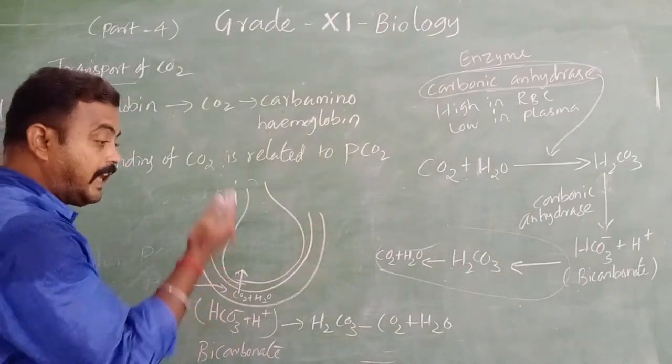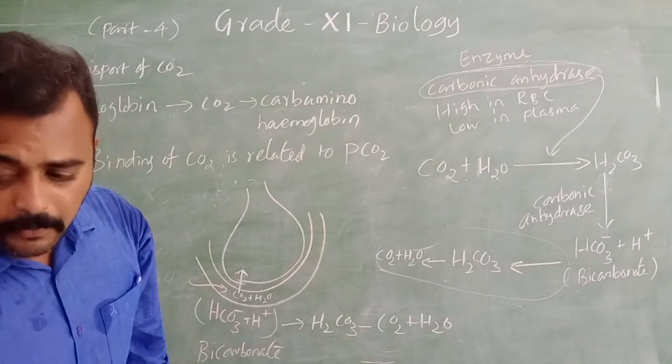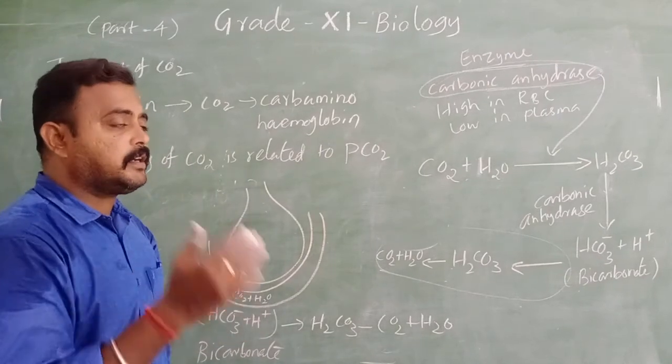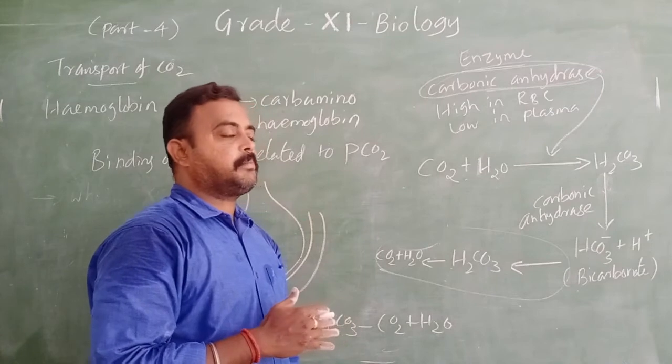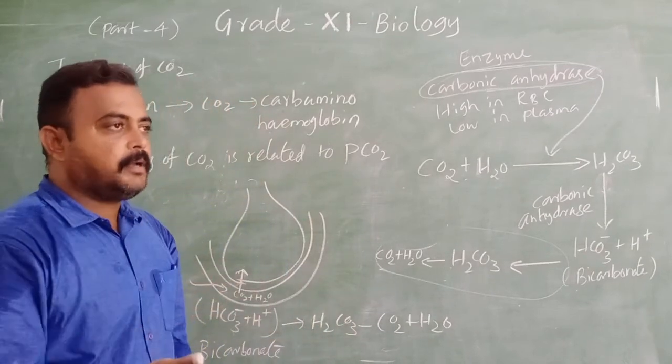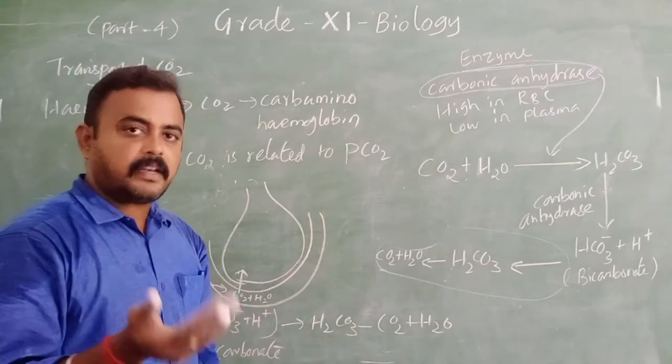Okay. In transport of oxygen, I told you that in 100 ml of oxygenated blood, 5 ml of oxygen is released.